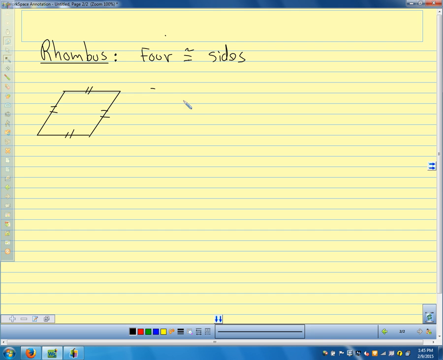Another thing that makes a rhombus special, it's still a parallelogram. So it has all of the properties of a parallelogram. But a couple of other important things. The diagonals are perpendicular. And what does perpendicular mean? They intersect at a 90-degree angle.